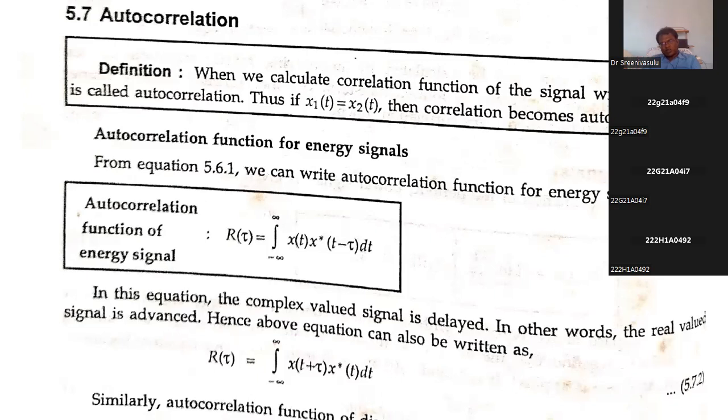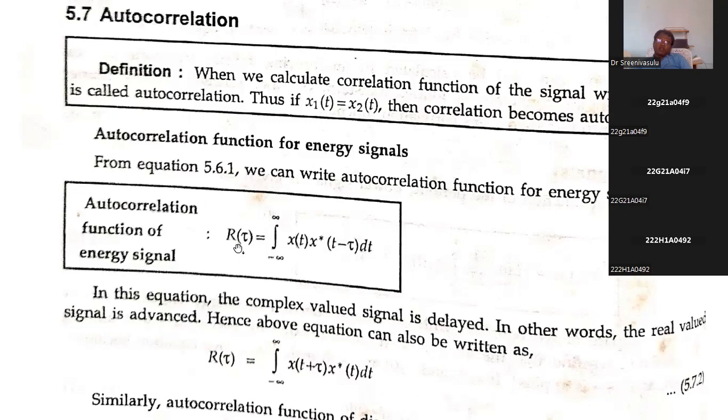So the same signal is reflected back. Now, how much delay is taken to identify that target or object? How much time is taken? From the correlation concept, we identify at what time the relation between the two signals is maximum. So autocorrelation means same signal, same formula, only x1 of t is equal to x2 of t. That is the concept of autocorrelation.